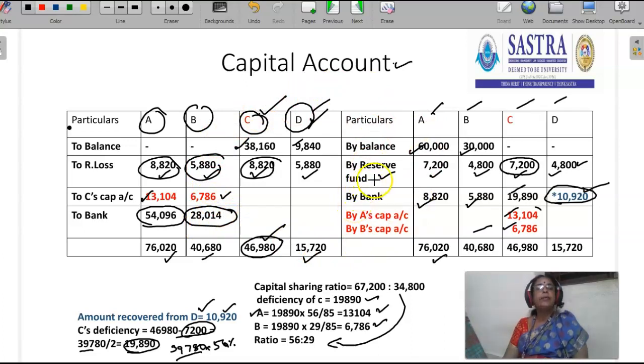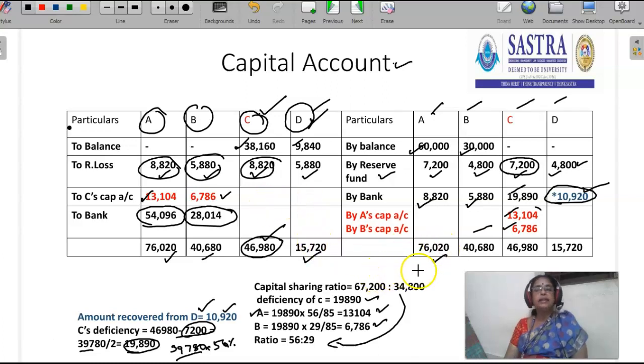So first step, we have to transfer the realization loss, and then the next step, we follow the first rule of Garner versus Murray. A solvent partner should bring the share of realization loss to the firm. Then we have to find out the deficiency of the insolvent partner, and the deficiency of the insolvent partner should be shared between the solvent partners in their then capital ratio.